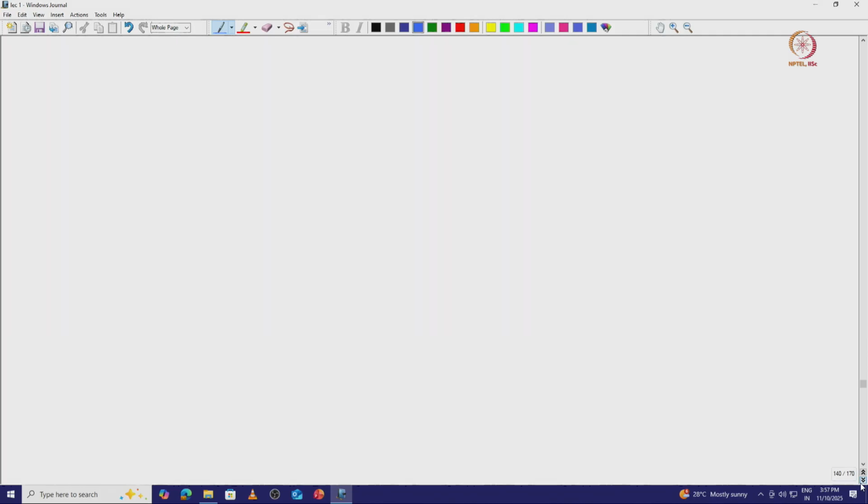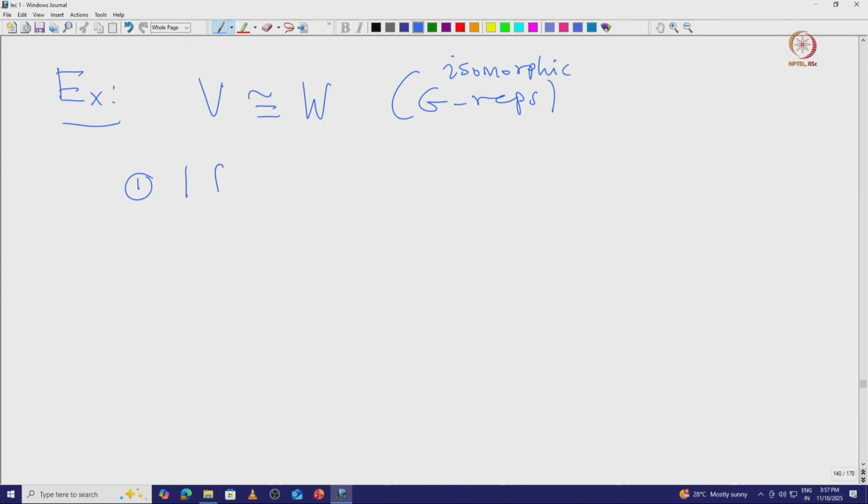Okay, so if we are working with equivalent representations, it is not hard to translate some of the information that we know about one representation to another representation. So, what I mean by that, we have the following exercise. Let us assume that two given representations are isomorphic or equivalent representations. Then it is easy to prove that if V is irreducible, that would imply that W is irreducible.